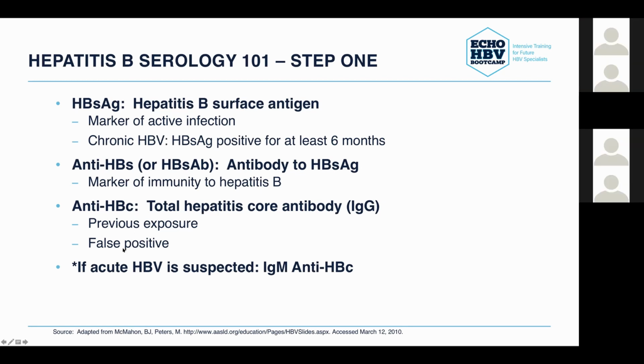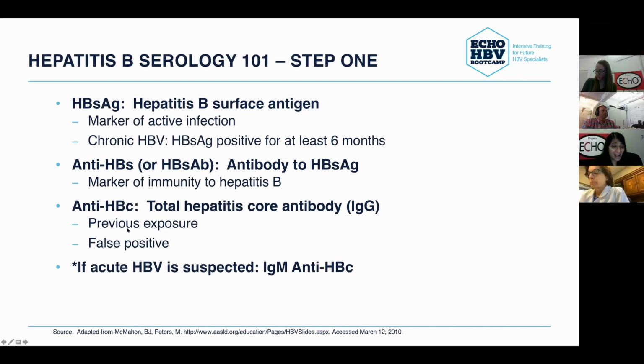We talked a little bit last week about how, 9 times out of 10, this will go with prior exposure. Less commonly, there are other interpretations of somebody who has isolated core antibody, including being a false positive test.